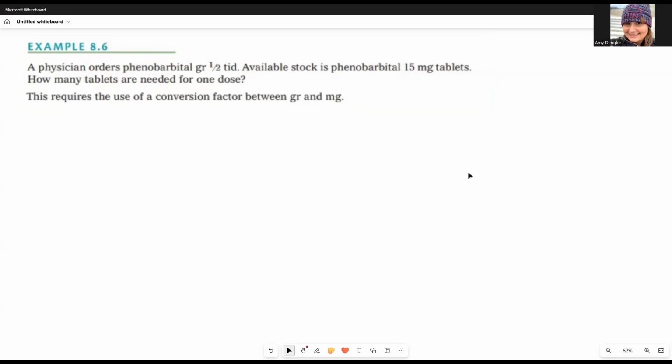It is 1 grain is equal to 60 milligrams. That's the one that we're going to use for this problem. There's a few different variations, as you should see on that sheet.